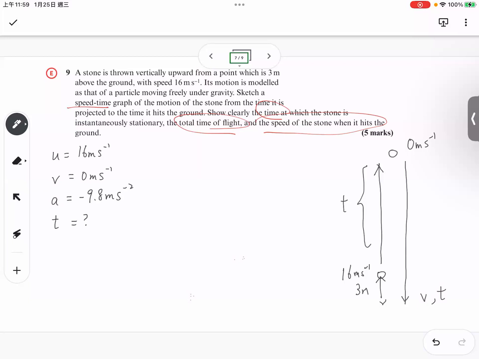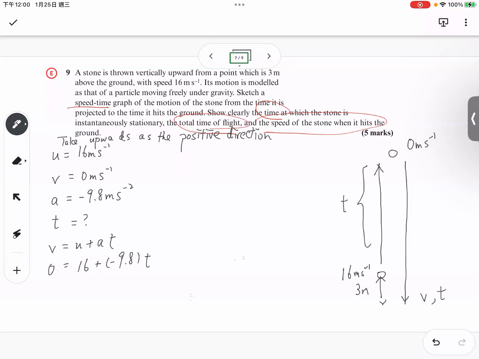So that means we must use v is equal to u plus at. But first of all, you must take upward as the positive direction. So we will plug in the numbers: 0 is equal to 16 plus negative 9.8 times t.